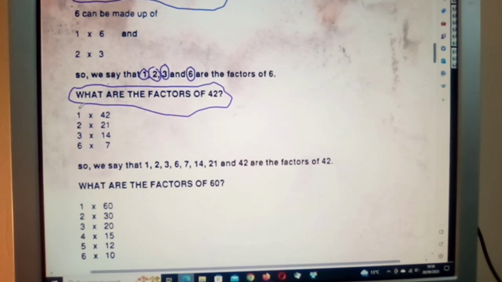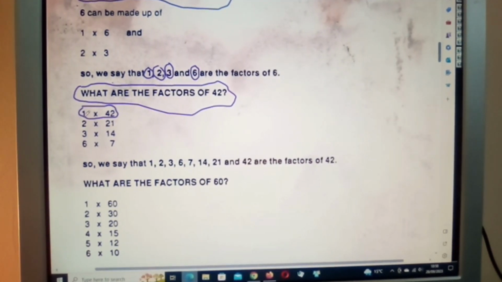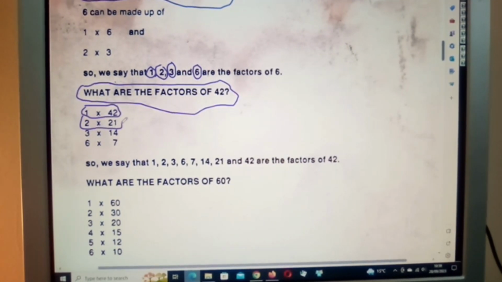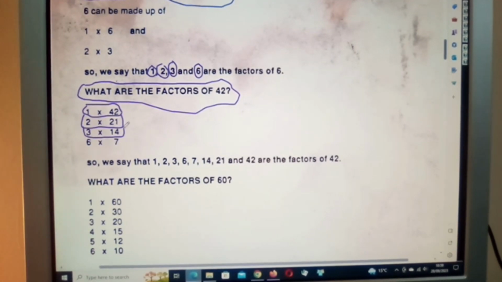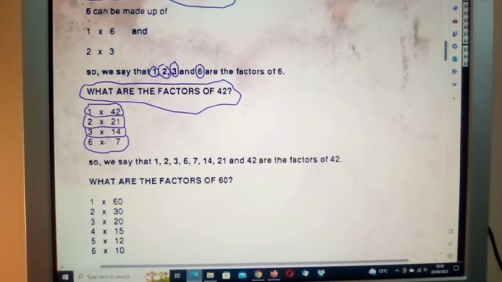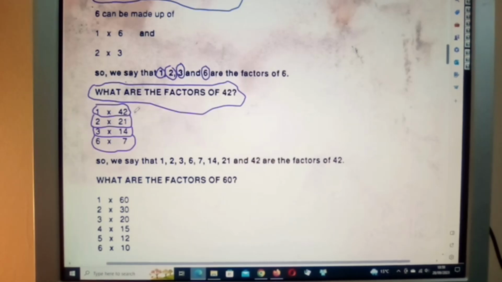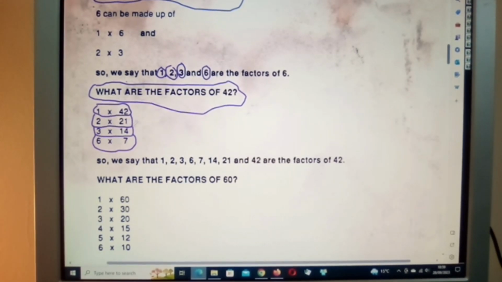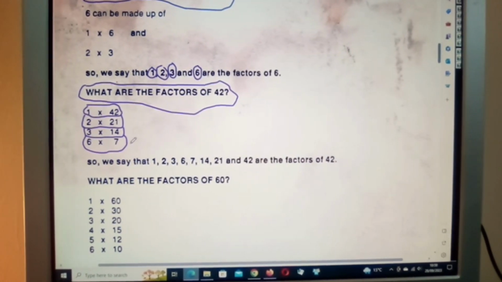It'll be 1 as a factor of 42, 2 as a factor of 42, 3 as a factor of 42, and 6 as a factor of 42. Okay, 7 6s equals 42. 1 times 42 would be 42. They would all multiply to give 42 as a result.